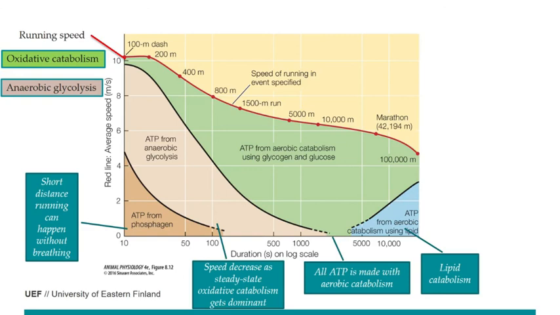So we have different phases depending on how long we are running. In the short runs, we are using glycolysis, or actually first the phosphate. And then in the long run, the role of oxidative catabolism in the ATP production is dominant, but at the same time, the speed is decreasing.